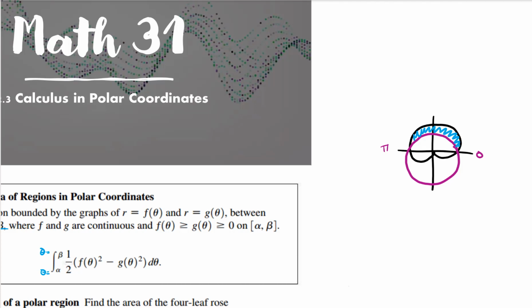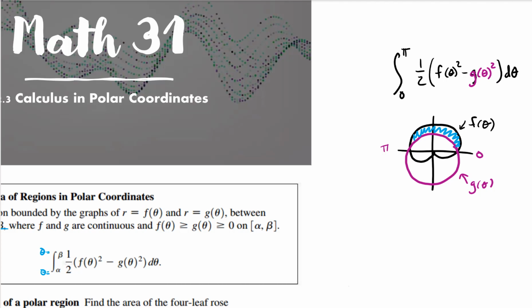So if the black one is f and the purple one is g, then we would have some integral from 0 to pi of 1/2 the outside function, f of theta squared, minus g of theta squared, the other one we just get rid of. Remember that? Wouldn't that be like area between curves and stuff like that?